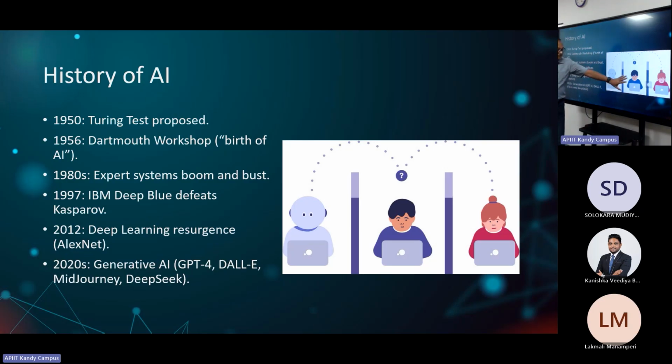Basically, you have an interrogator, someone who's interrogating another party. He doesn't know who he's interrogating, so there is a wall between, and on one side you have a human, on the other side you have a machine. Alan Turing's test suggested that if you ask questions, you can differentiate the human from the machine.